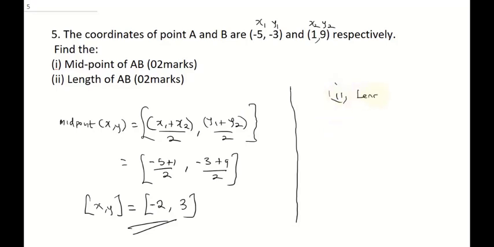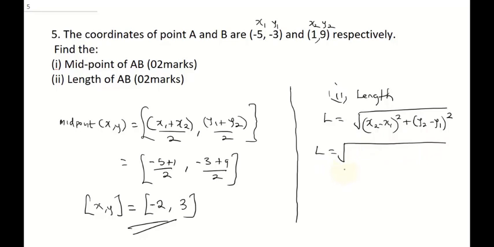Now, in order to solve for the length of AB, to find the length of a line with 2 points, your length is going to be the square root of x2 minus x1 all squared plus y2 minus y1 all squared. Now we're going to put in our values. Our x2, it's 1 minus minus 5 all squared plus, this is going to be 9 minus minus 3 all squared.